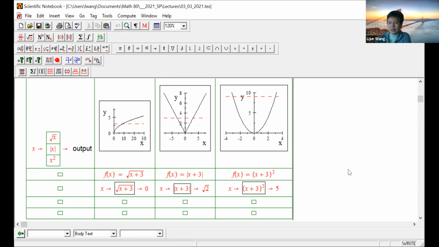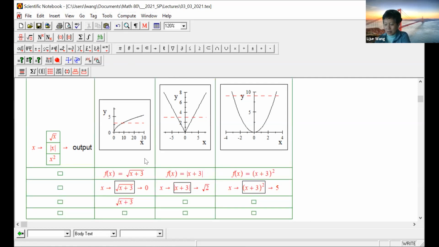That's what this equation is about, right? That's what we're solving for. So if the output is 0, give me the input. If the output is square root of 2, give me the input.